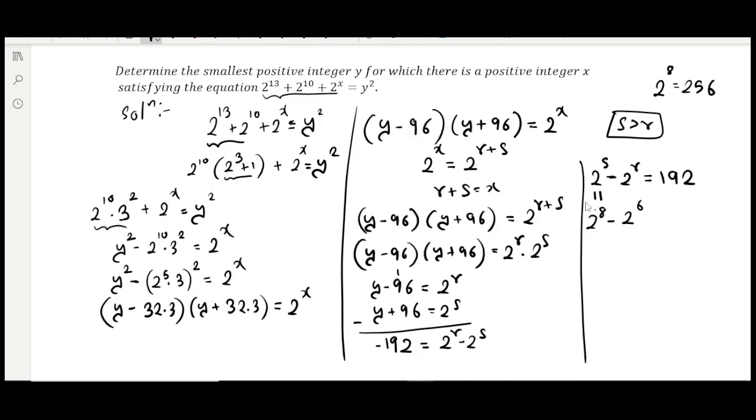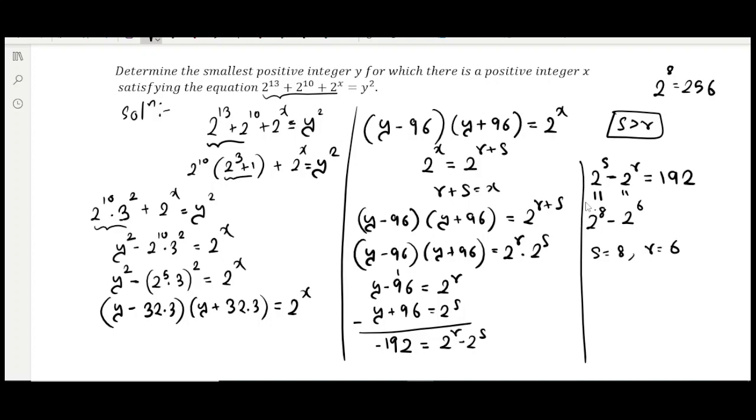So by comparison we can see that s and r have only one choice basically. s should be equal to 8 and r should be equal to 6. Just to verify, 256 minus 64 gives this term. Yes, it is correct, right? So we get s and r. From this we can get x, or we can directly get the value of y. We have to find the value of y, right?